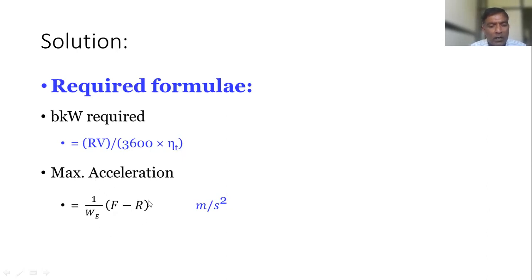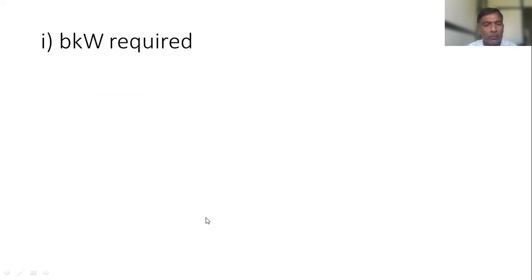Maximum acceleration. How to define it? It is equal to 1 upon WE, that is effective weight, into F minus R. F that is tractive effort and R is total resistance. So the unit for this is meter per second square. So you can write in your notebook.